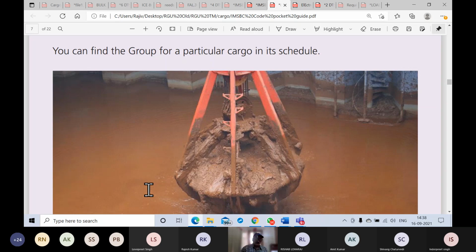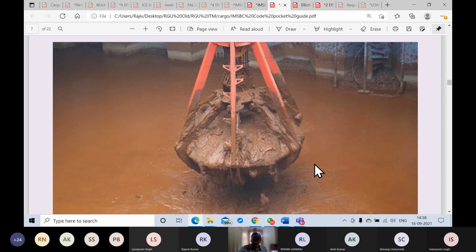After liquefaction, this is the condition. I mean, it's hard to believe that you actually loaded nickel ore as powder. After liquefaction, it appears as if the cargo loaded was liquid.